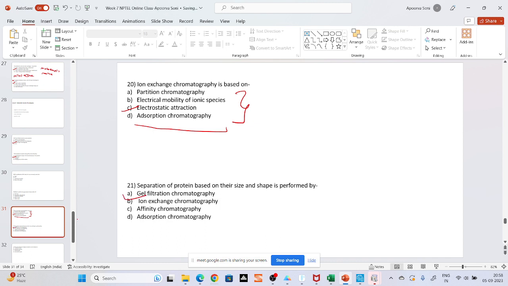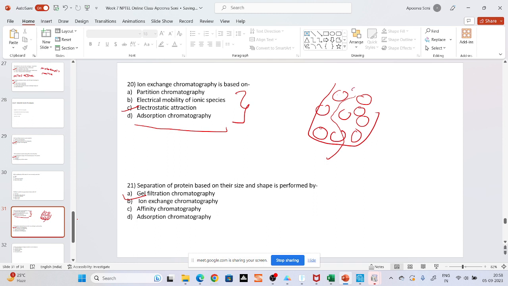I think we will be studying gel filtration chromatography in our subsequent lecture. Gel filtration means you have a lot of beads here, and depending on the size of the protein, if the protein is even bigger than these beads, then it will not go inside, it will just come out.